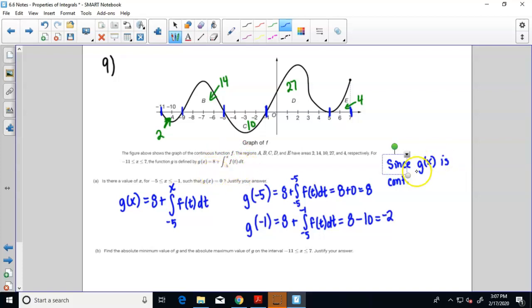It's still continuous. So since g of x is continuous, by the intermediate value theorem, g of x equals 0 on the interval from negative 5 to negative 1 somewhere.